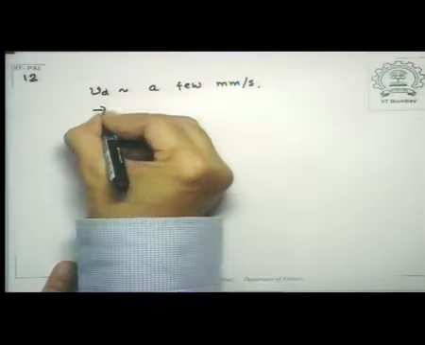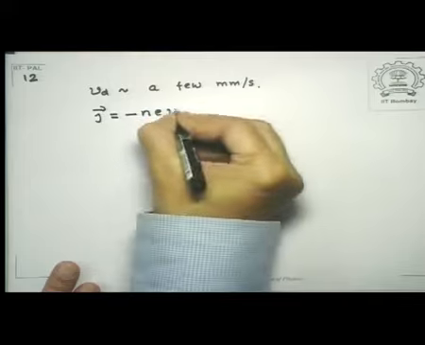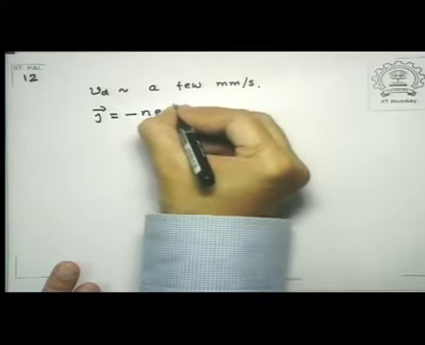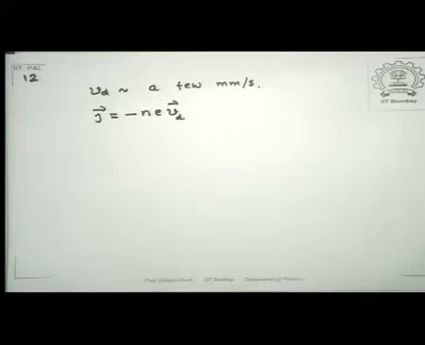The second point is that the relationship between current density and the drift speed is J = minus neVd. And notice that we have said Vd is small, a few millimeters per second. Electronic charge is also small, 10 to the power minus 19.